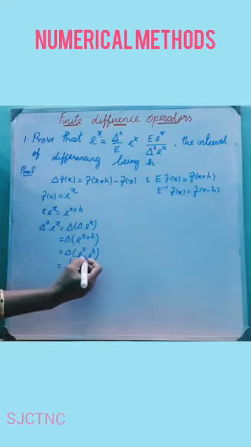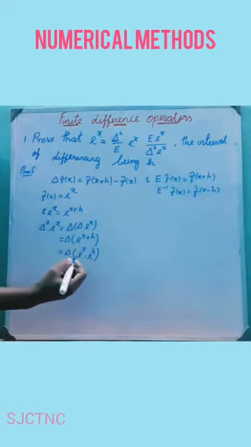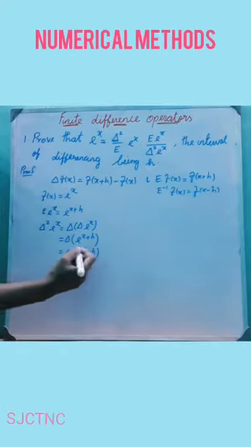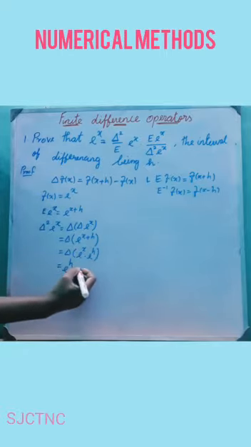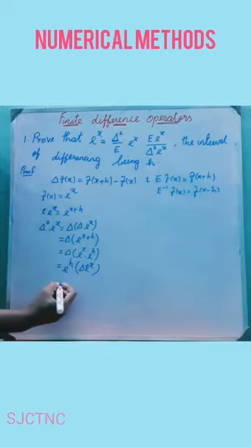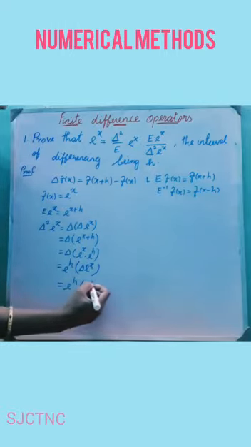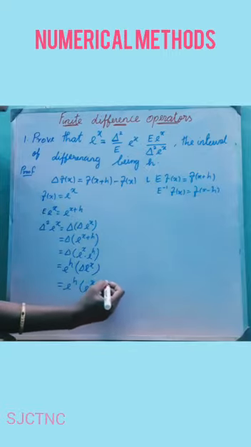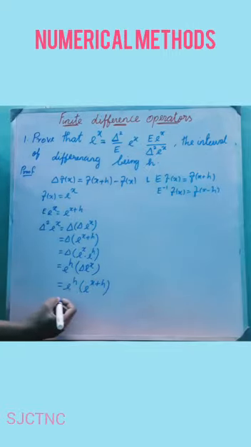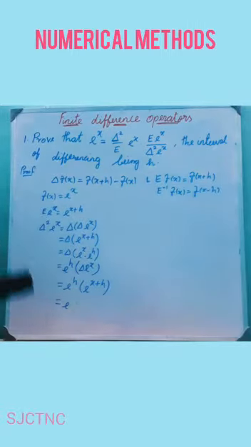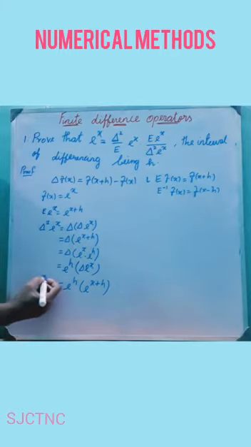I already explained the property that forward differencing of c into f of x equals c into forward difference of f of x. So using that property you can write e power h into del e power x, which is again e power h into e power x plus h. Leave this value, del squared e power x.